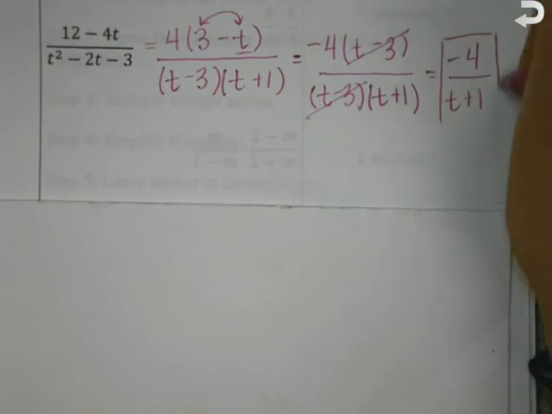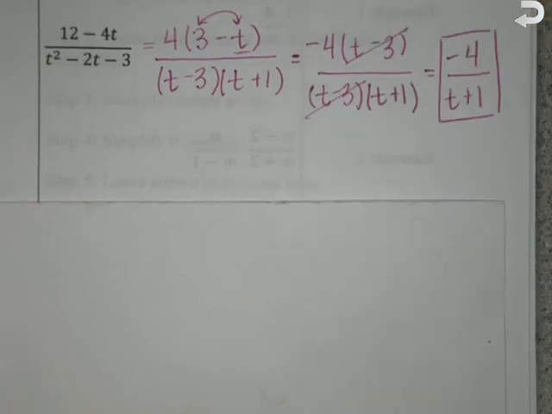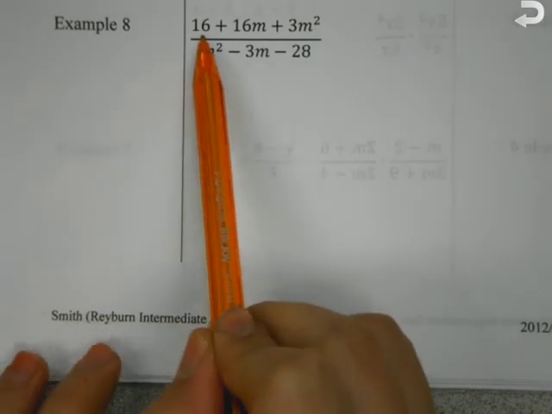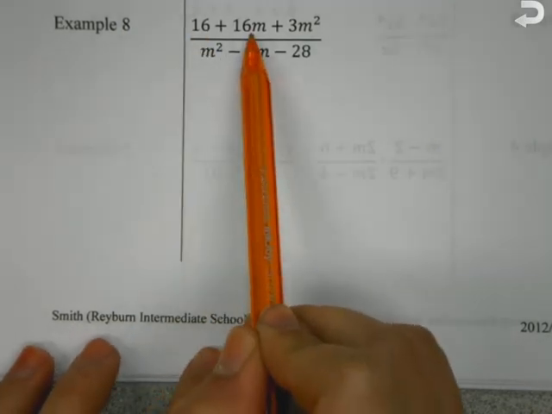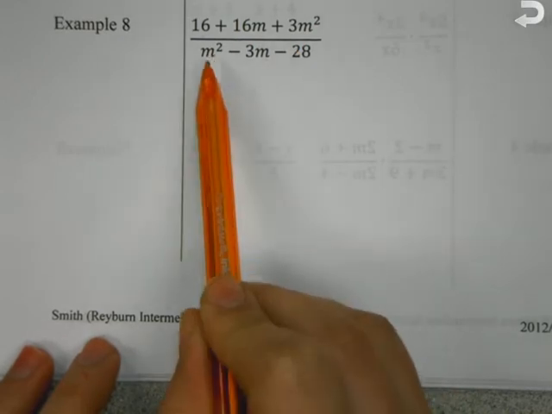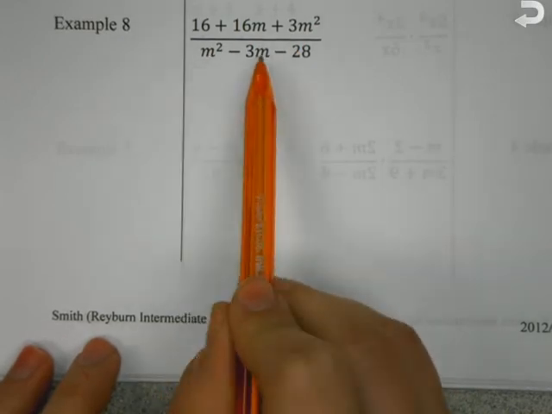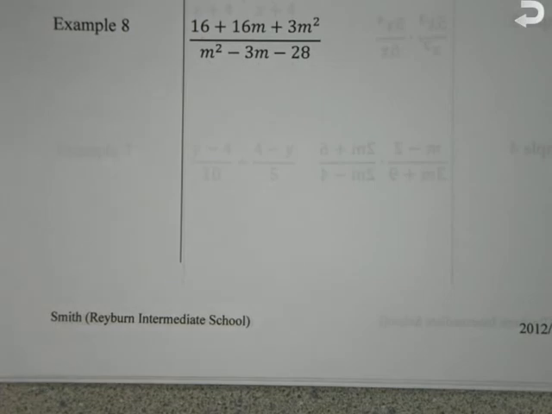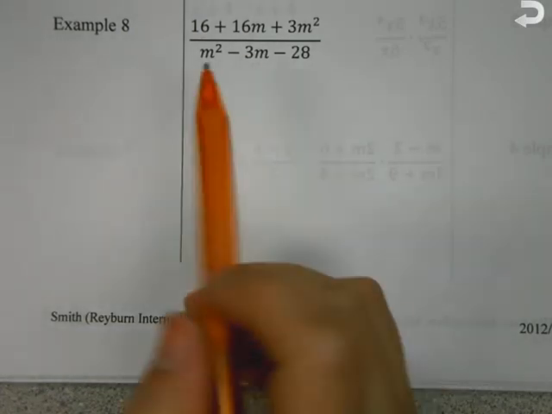So, example 8, last one. We have 16 plus 16m plus 3m squared over m squared minus 3m minus 28. Okay, something I noticed about the numerator, it doesn't quite look right. What's wrong here? The 3m squared.